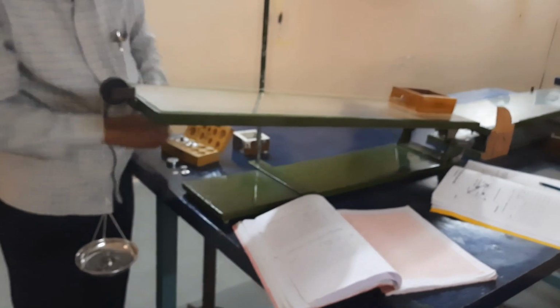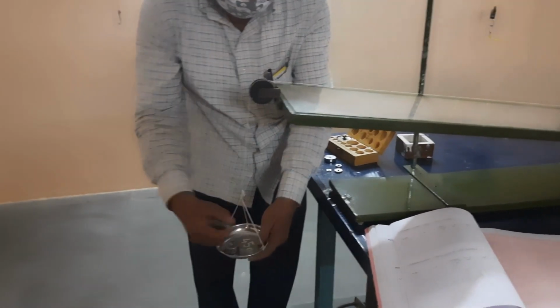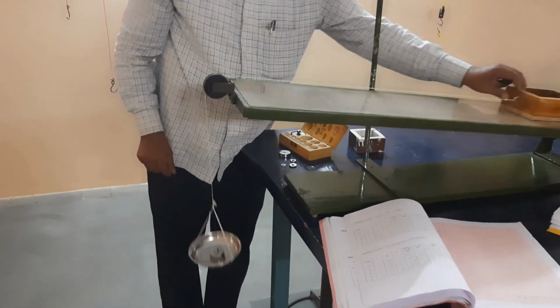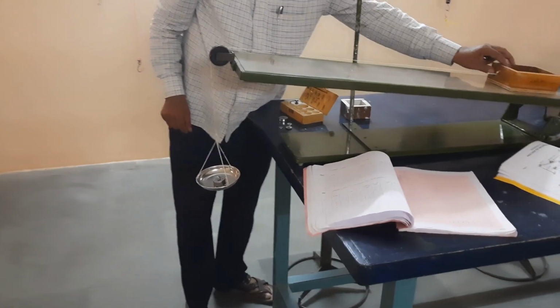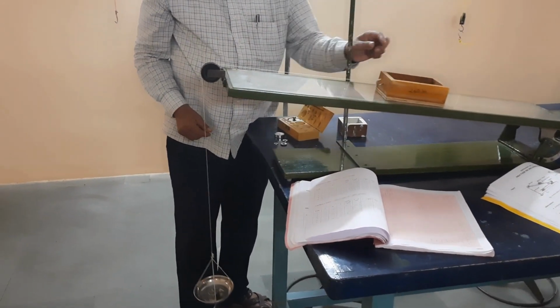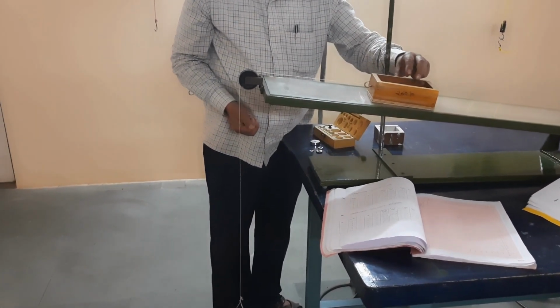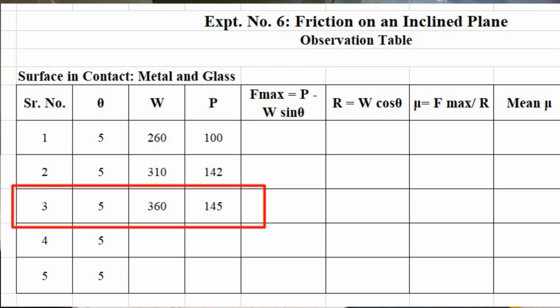Now we are measuring how much effort is required to slide the box on the glass surface. 100 plus 45, 145 for 360. Effort is 145.